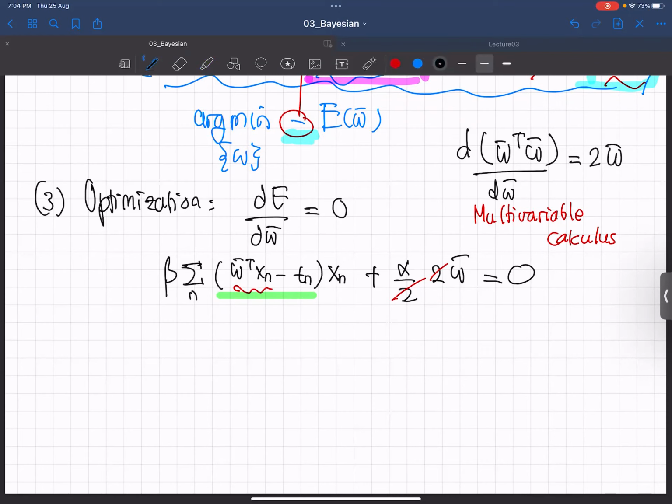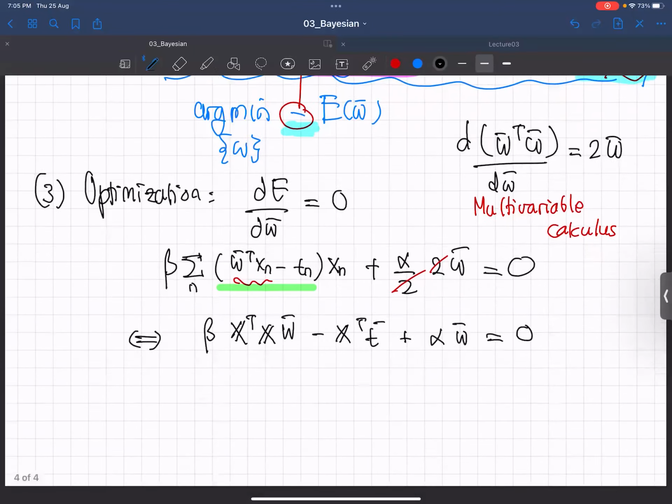So I don't want to repeat it here. At the end of the day, if you look at the lecture note, you will see that it becomes beta multiplied by X transpose X W bar minus X transpose T bar, plus alpha W bar equals 0.